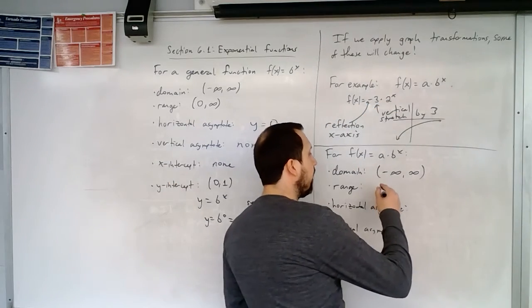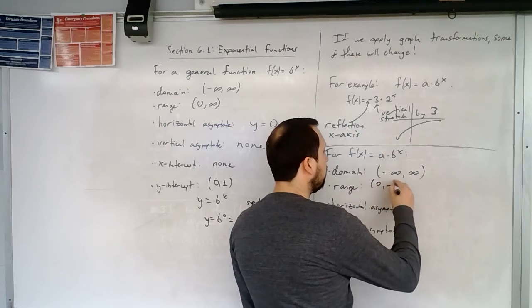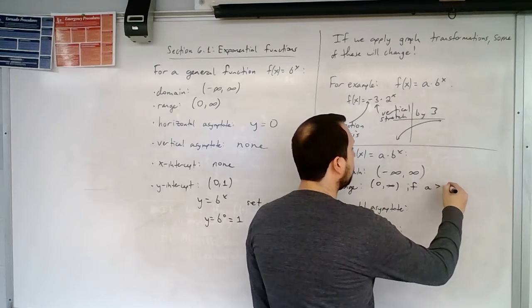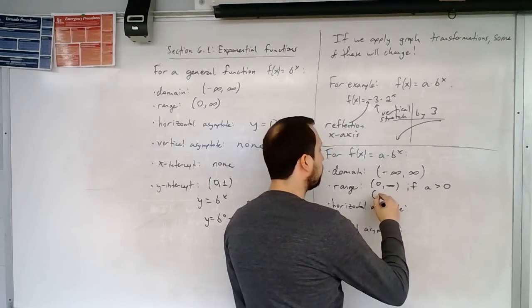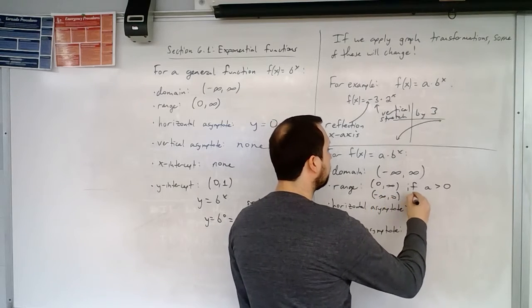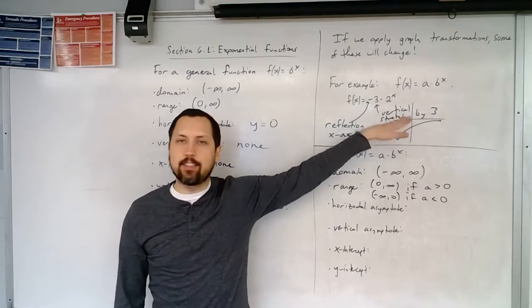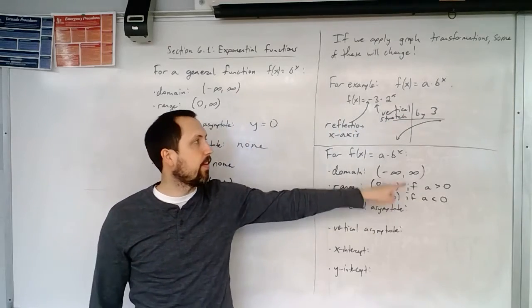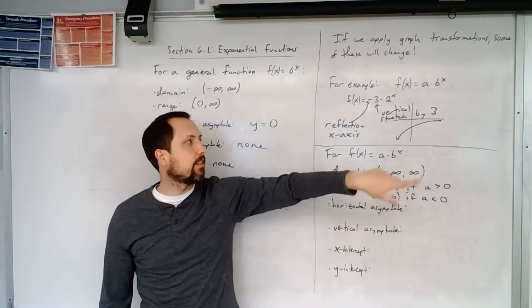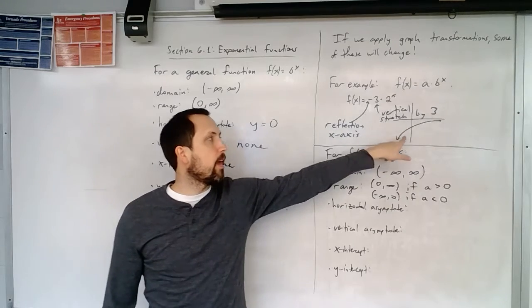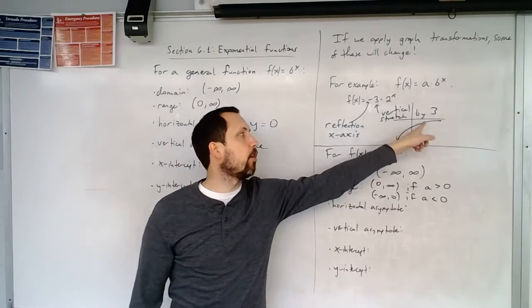So our range is going to be 0 to infinity if a is larger than 0, or negative infinity to 0 if a is less than 0. If a is positive, it stays the same as before. If a is negative, it flips over the x-axis, and now the y values are all negative numbers.